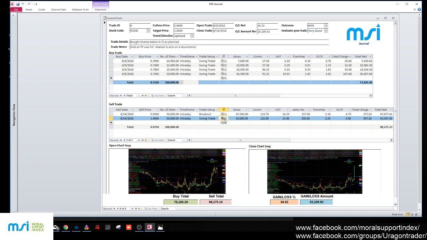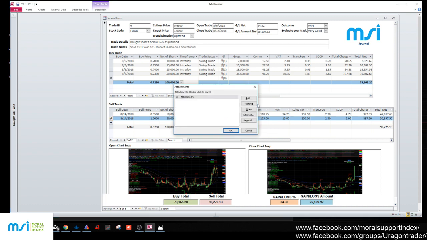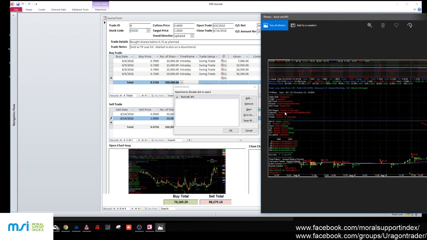So again, naglagay tayo ng ating port snaps just to show us kung saan tayo nagbenta. Okay, so 0.95, somewhere here, we started selling, tapos around 1 peso.